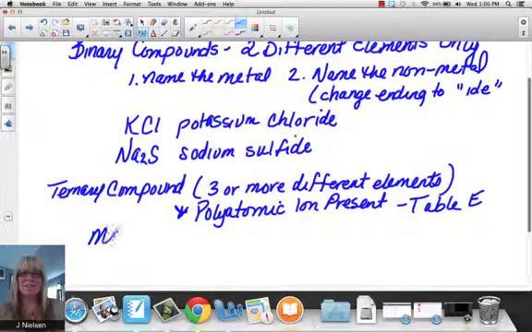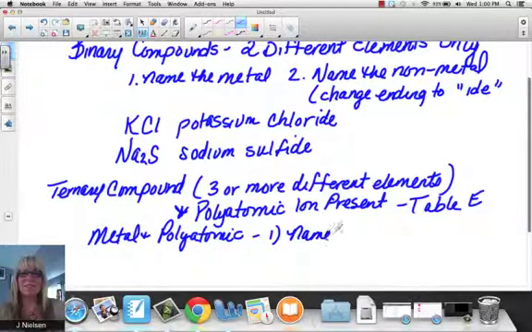You can have a metal and a polyatomic, in which case you're just going to name the metal and name the polyatomic.